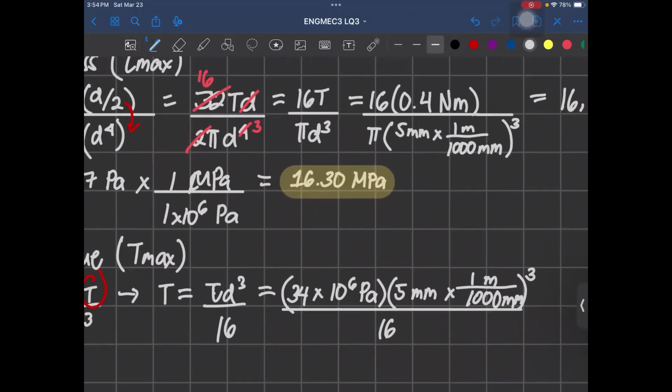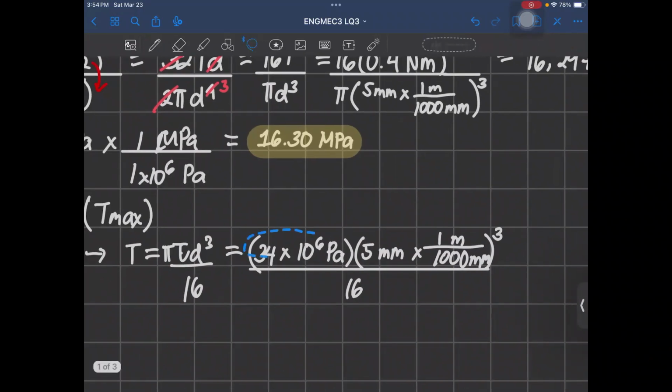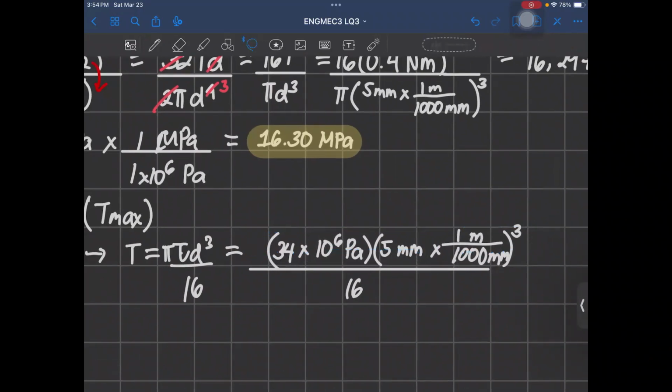I forgot the pi, so let's put the pi here. It should be in the numerator. Apologies for that. So this would be equal to pi times 34 times 10 to the 6 times 5 millimeters cubed over 1,000 millimeters, since it's converted, all over 16.